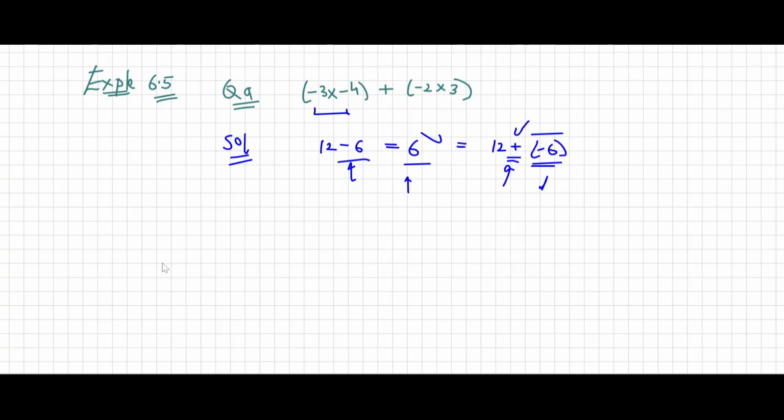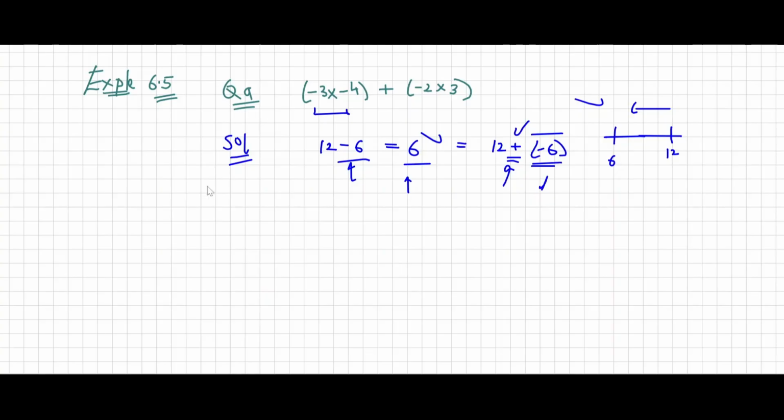You can also think like we are at the 12th position on the number line, but we are subtracting 6, so we are moving towards the left side. So at last we will come to 6. You can understand what I'm saying.